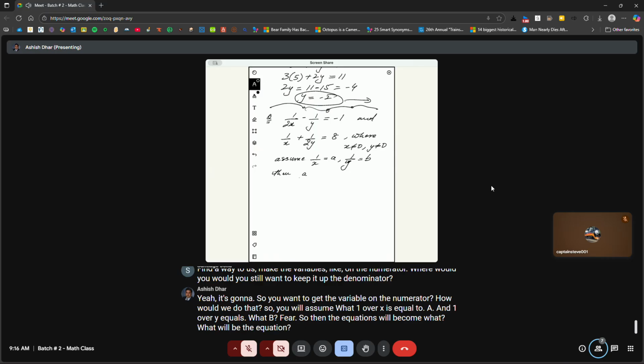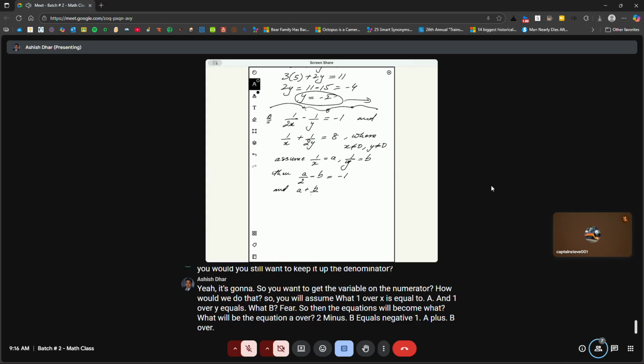So then the equations will become what? What will be the equation? A over 2 minus b equals -1 and a plus b over 2 equals what? 8. Makes sense? Because I took a reciprocal.